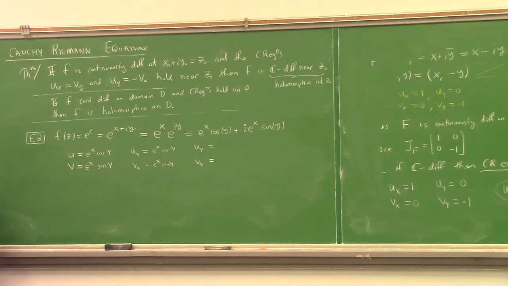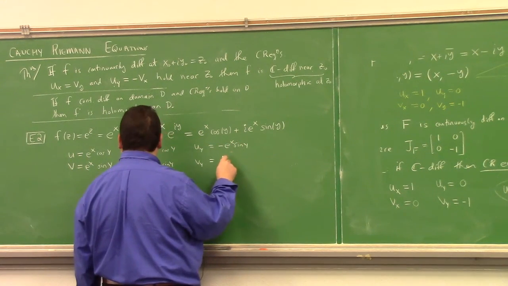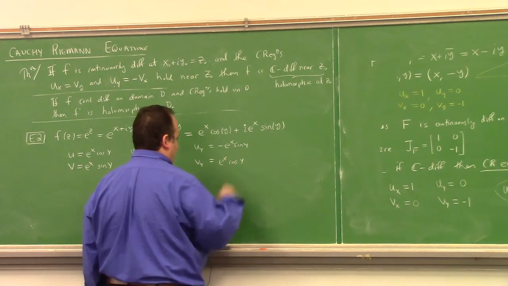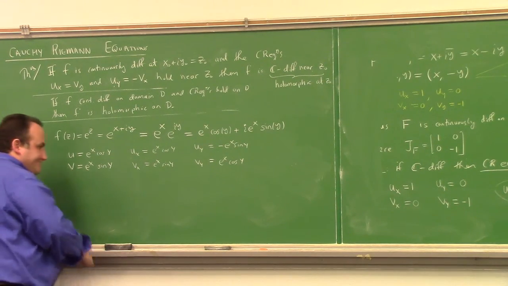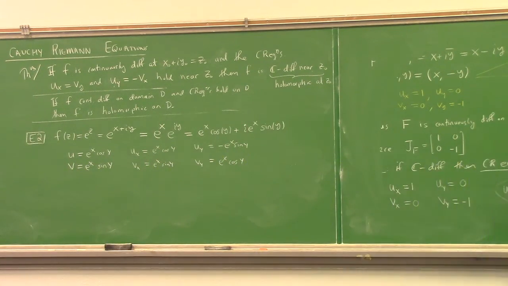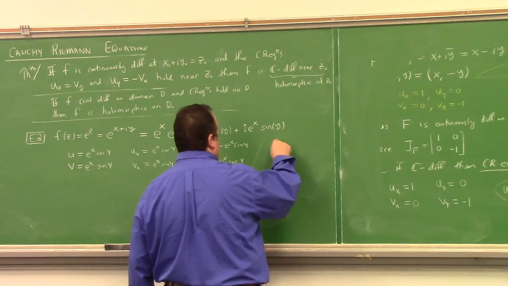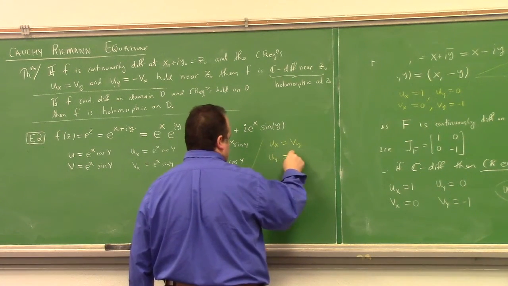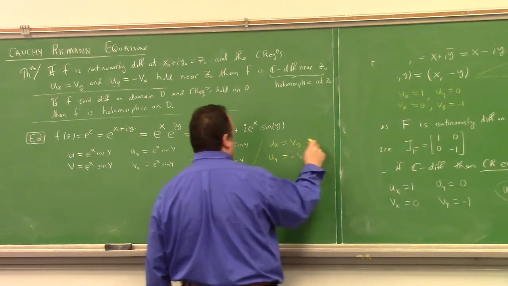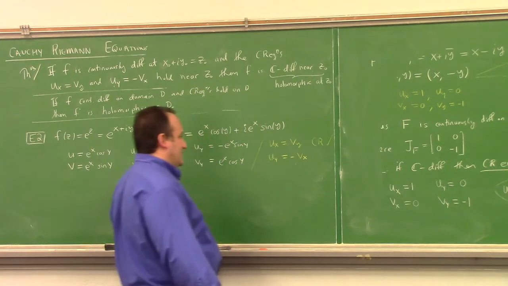And then u_y is going to be minus e to the x sine y. So lo and behold, we have u_x equals v_y and u_y equals minus v_x. In other words, CR check. Cauchy-Riemann equations hold.